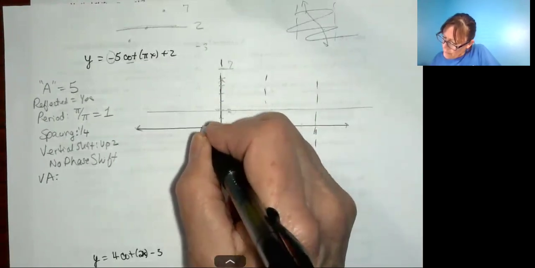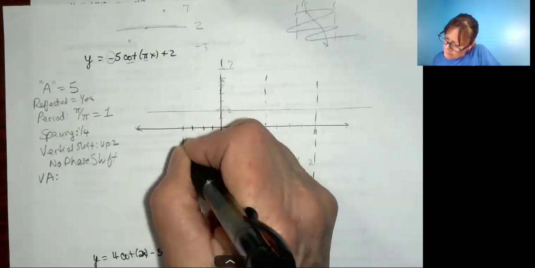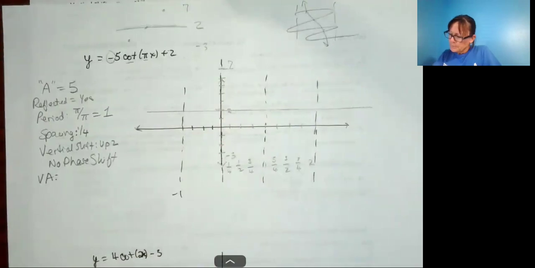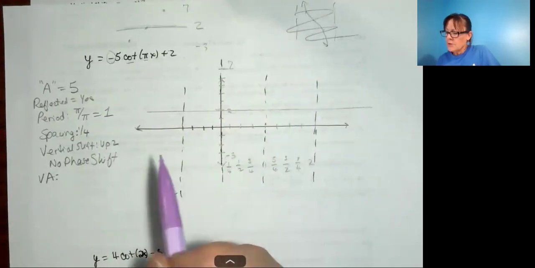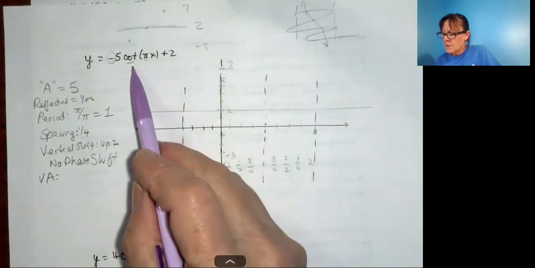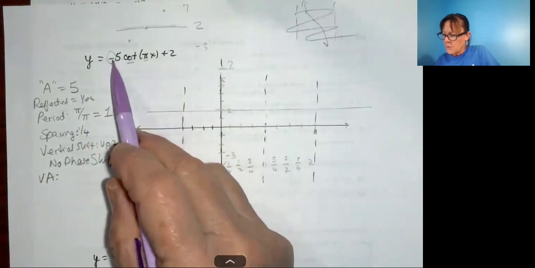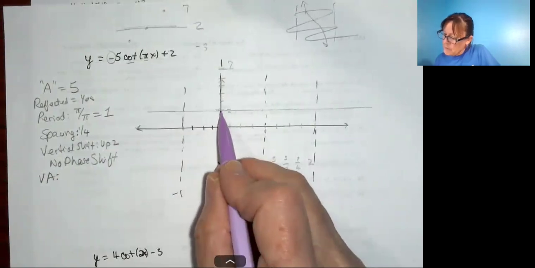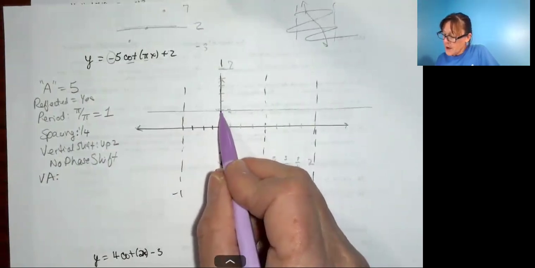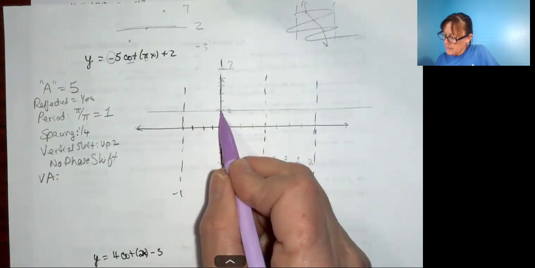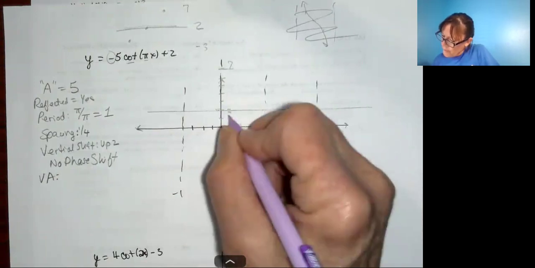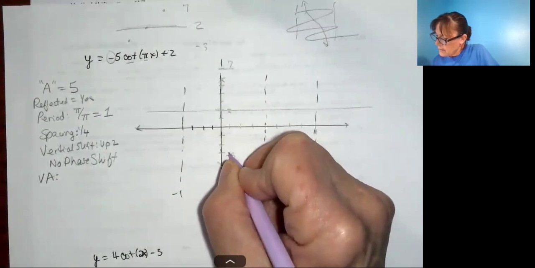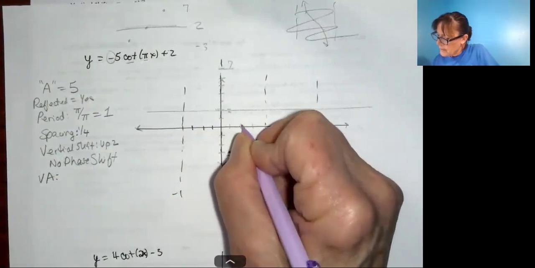If we go backwards, another asymptote. Okay, now, let me make sure. Cotangent is normally high, middle, low, but this negative makes it low, middle, high. We got shifted up 2. So the low, instead of being -5, is -3. So our first move at 1/4 is to go down to -3. And then it's middle. And then it's high.